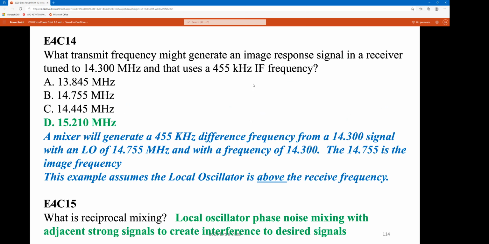What transmit frequency might generate an image response signal in a receiver tuned to 14.3 megahertz and that uses a 455 kilohertz intermediate frequency? I found an explanation in another study guide that helped.